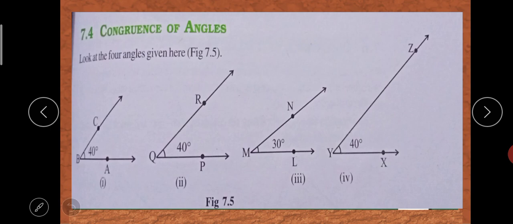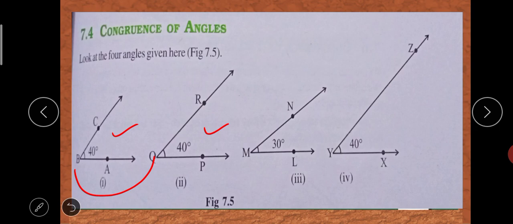So here ABC is showing which degree? 40 degrees, and PQR is also showing 40 degrees. Now we are going to place Q on B, which means Q is kept on B.